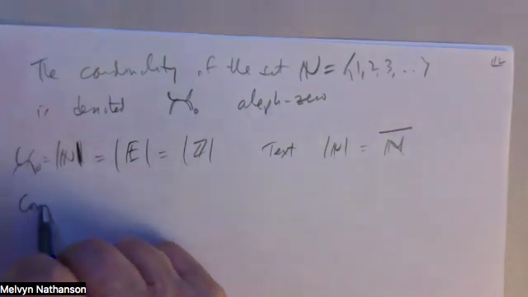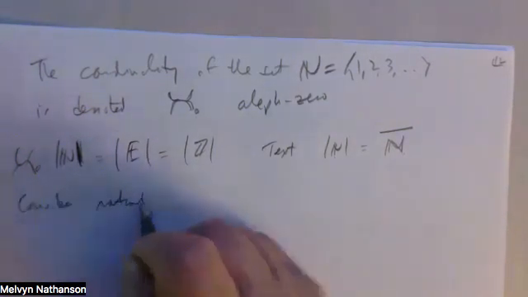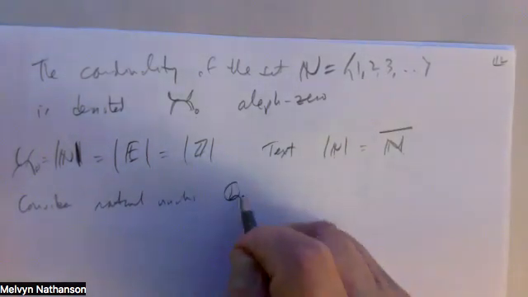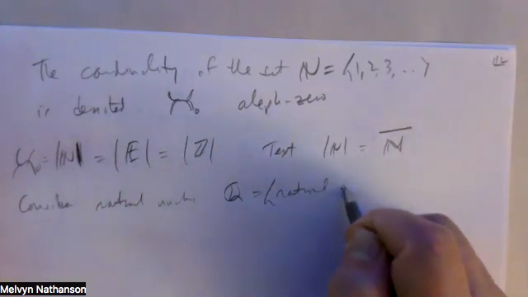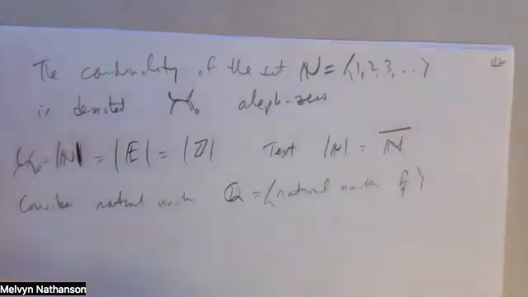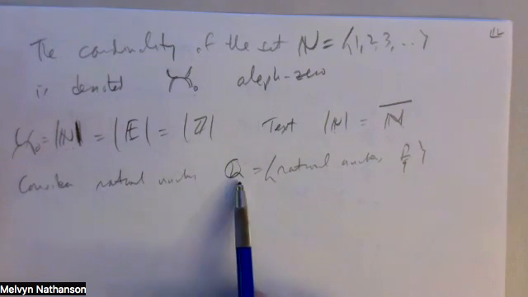Suppose we consider the rational numbers. Q is the set of all rational numbers, p over q, all fractions. How many fractions are there? It looks like there are a lot more fractions than there are integers, right?